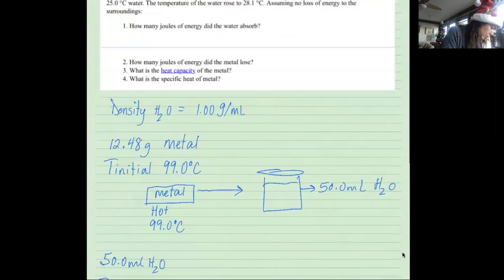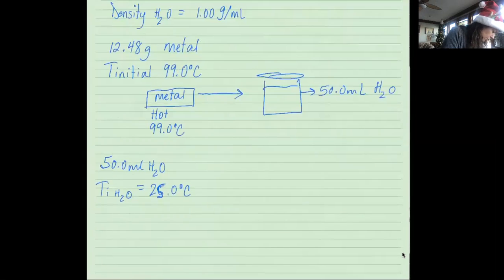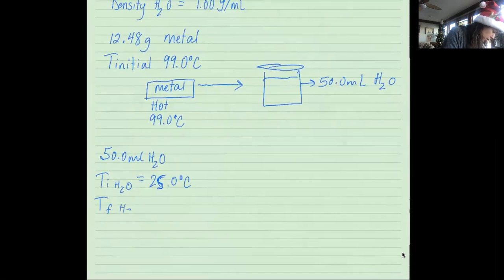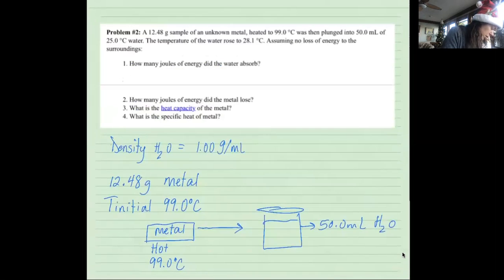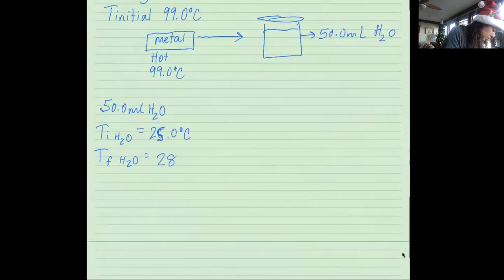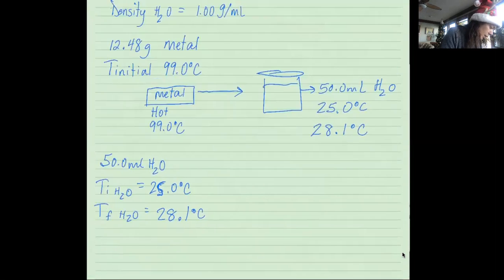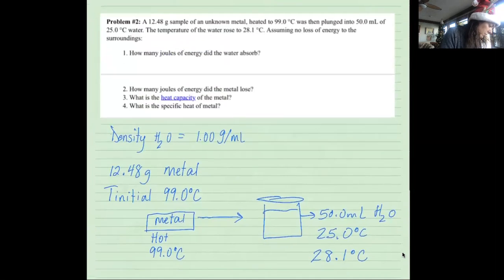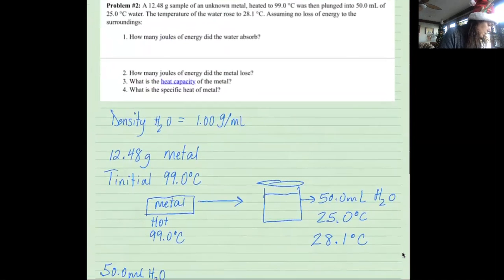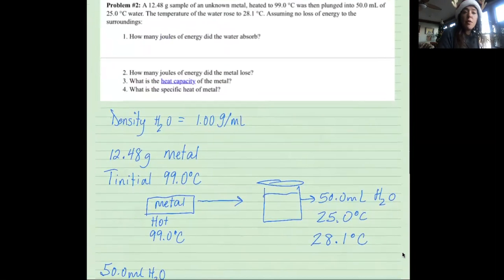The temperature of the water rose to, so the final temperature of the water is equal to, I think it's 28.1 degrees Celsius. So this went from 25.0 to 28.1 degrees Celsius. And assuming no loss of energy to the surroundings, let's go straight to the final question.